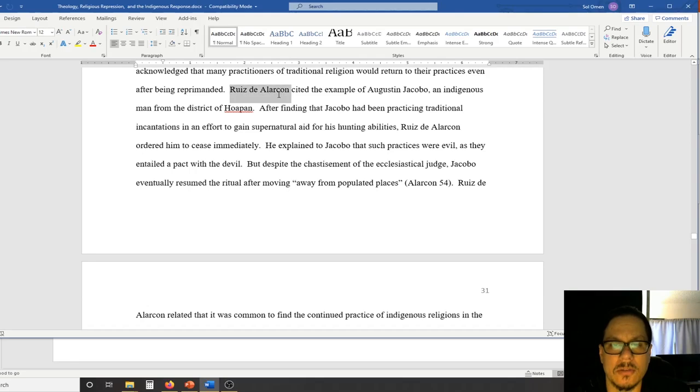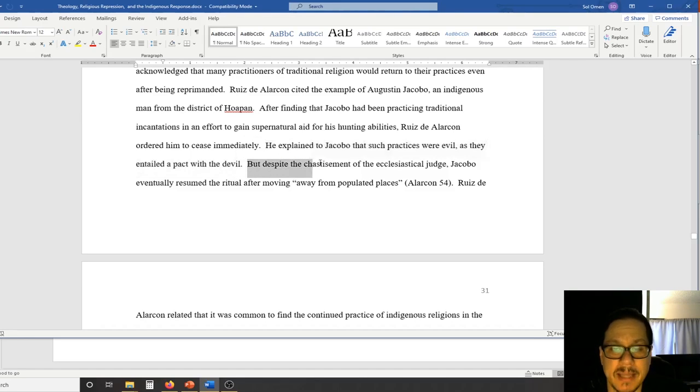"Ruiz de Alarcón," this is another Spanish clergy member from that time, "Ruiz de Alarcón cited the example of a person named Agustín Jacobo, an indigenous man from the district of Huapan in central Mexico. After finding that Jacobo had been practicing traditional incantations in an effort to gain supernatural aid for his hunting abilities, Ruiz de Alarcón ordered him to cease immediately, and he explained to Jacobo that such practices were evil as they entailed a pact with the devil.